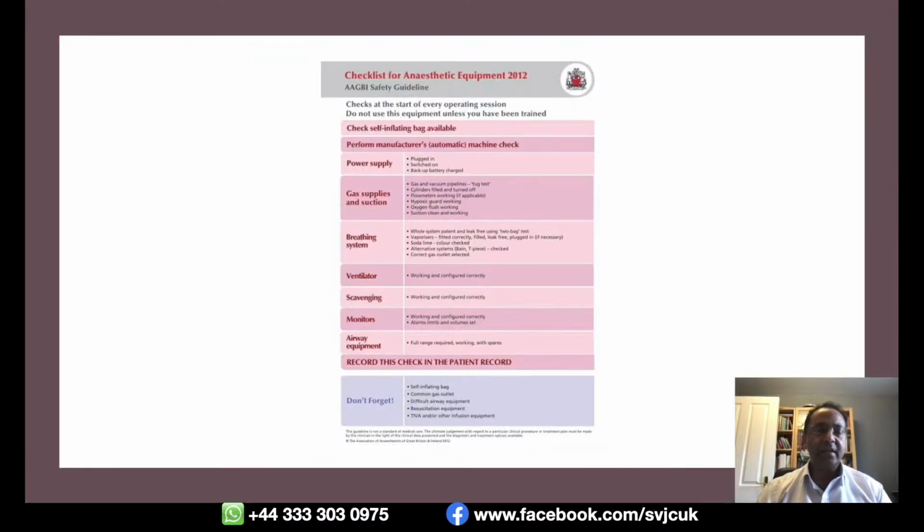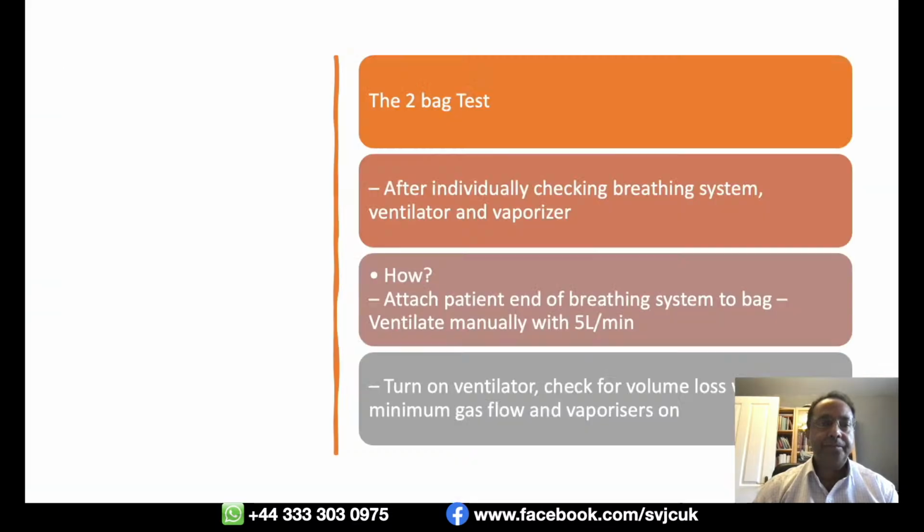This is the checklist, and we have copies of this checklist laminated on all anesthetic machines in the operating theaters, and it gives you an aide memoire for ensuring the anesthetic machine is checked before you start the operating procedure.